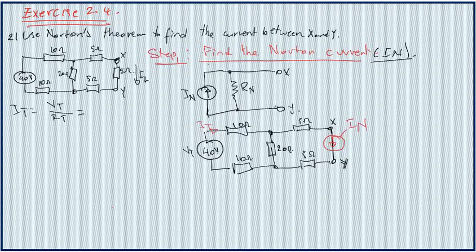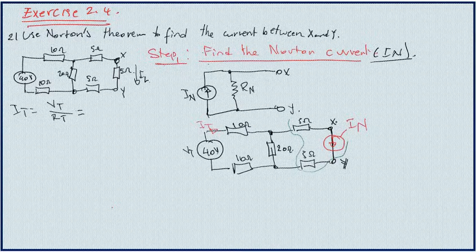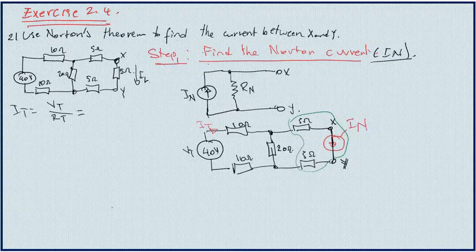If I'm considering this to be my supply, to get the total resistance, I'll always start from the opposite side. I can say that these two resistors are in series, so I can replace them by one.